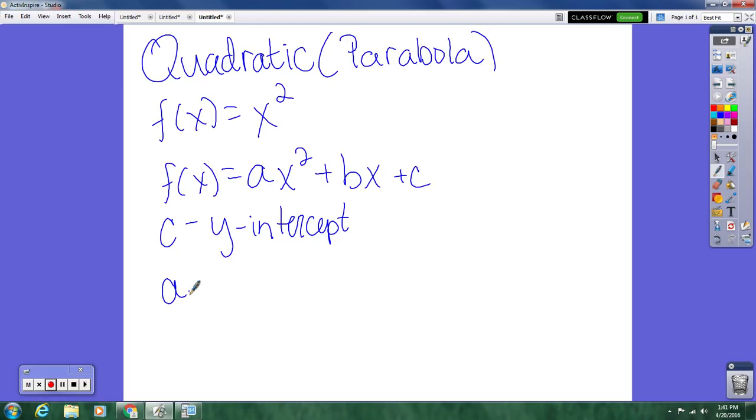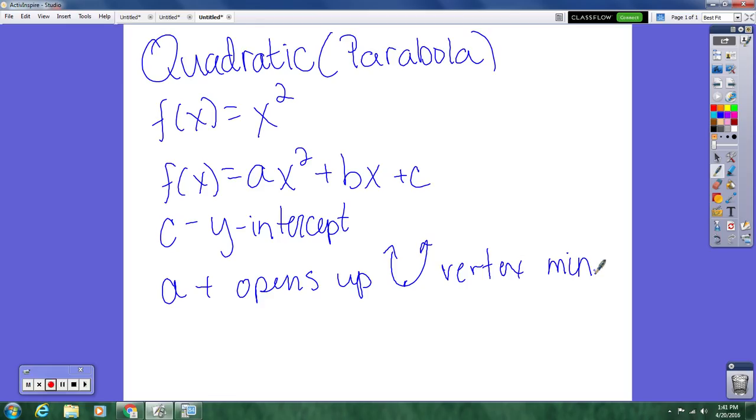Okay, so which way would be up? If a is positive, it opens up, which means it opens up this way. So is there a maximum or minimum? The minimum. So this vertex is a minimum. Okay, so if a is positive it opens up, and if a is negative, it opens down.